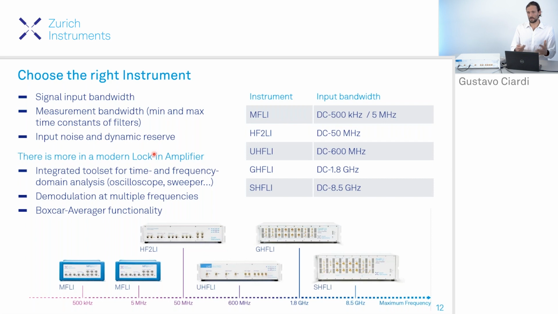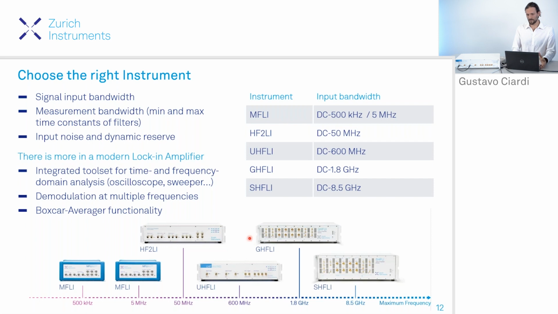Furthermore, in modern digital instruments there is much more than simply a lock-in amplifier or a boxcar averager. There is an integrated toolset for time and frequency domain analysis, such as scope, sweepers, or multiple modulators that allow you to demodulate your signals at multiple frequencies.